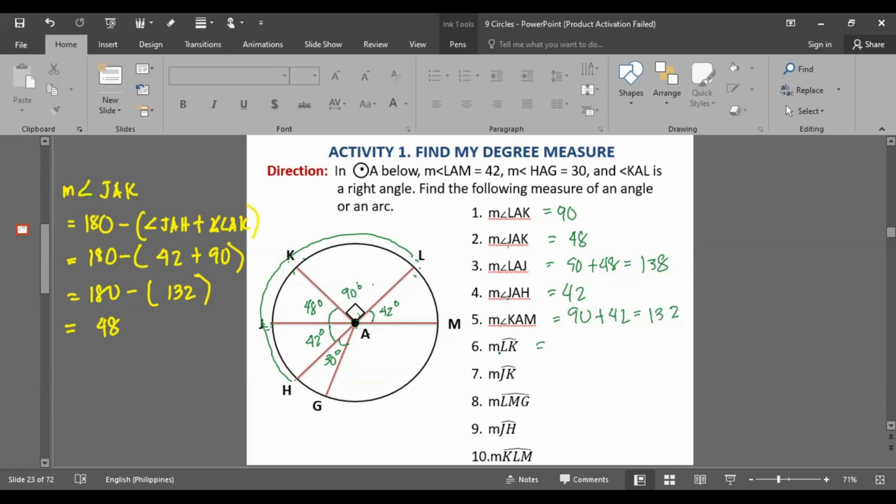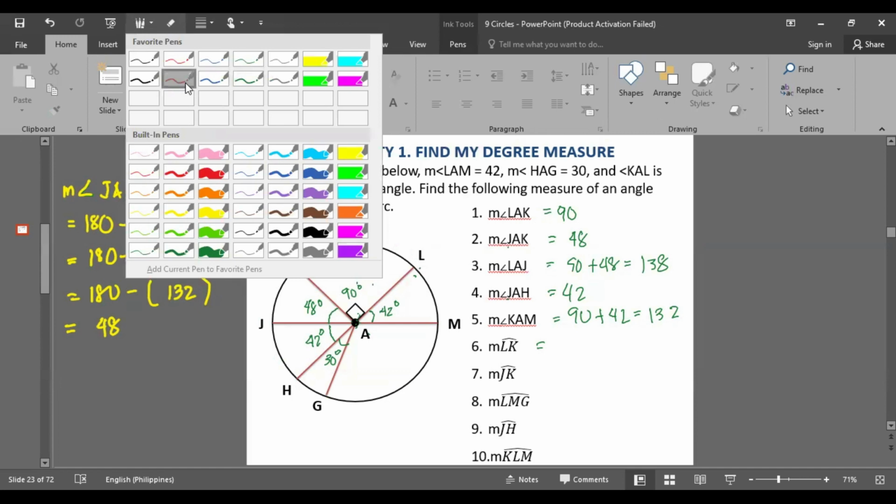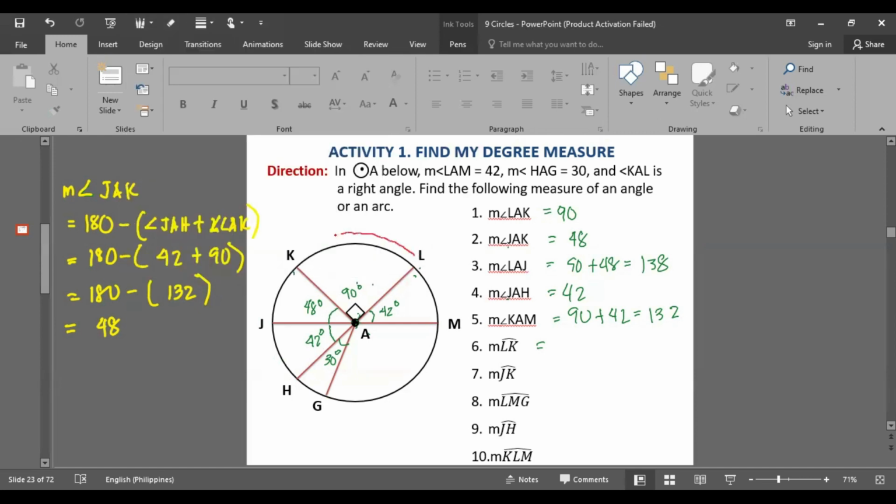Next, arc LK. And we all know that the measurement of the central angle is equal to its intercepted arc. So it's 90 degrees. Next, arc JK. JK is here. So we have 48 degrees.